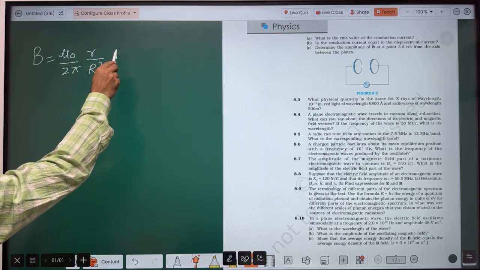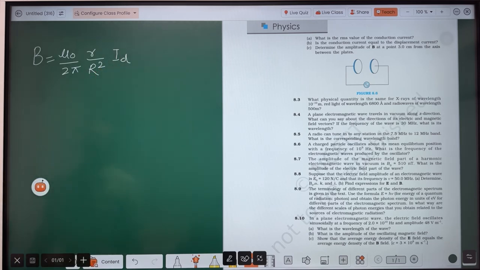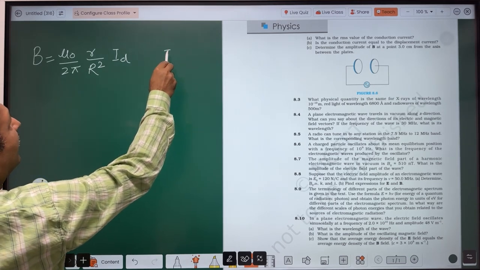So whatever current is there, it is the displacement current, right? Here we are given the value of distance as 3 centimeter, and the radius is also given, and ID we have evaluated. So we have got just IRMS.